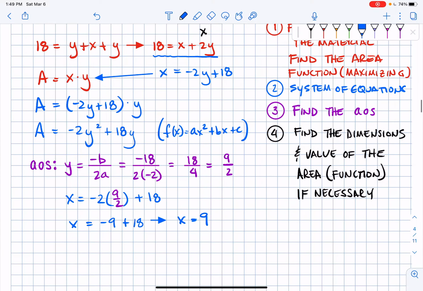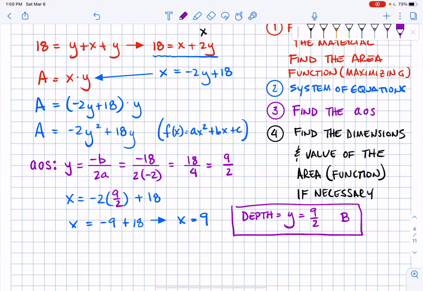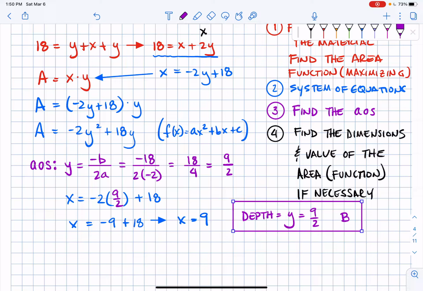So now I do have my answer. I already had my answer. So depth is equal to y, which is equal to 9/2. And that one is your choice B, which is 4.5. And there you go.